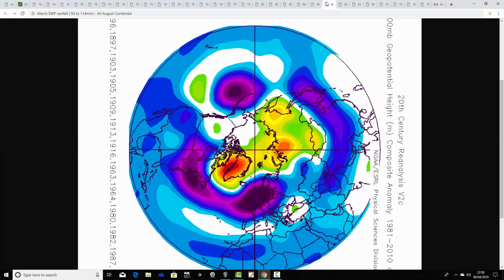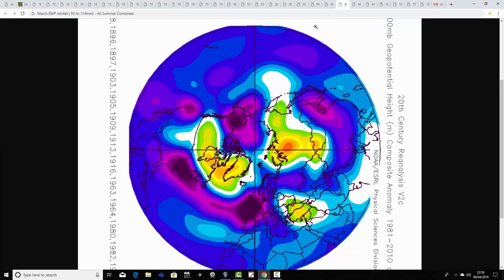It gets far, far worse in August when we're talking about March precipitation of 93 to 114 millimetres. In August, we stick this big trough of low pressure up over the UK and Western Europe, and look at the strong blocking signal that sets up towards Greenland as well. That obviously sends the jet stream southwards, and it's a pretty grim signal for August. Very cool, very wet signal overall.